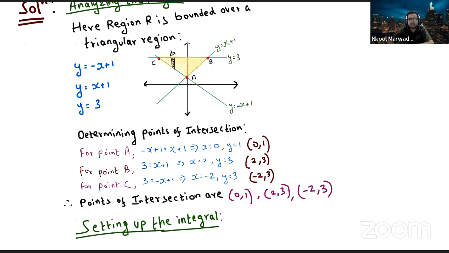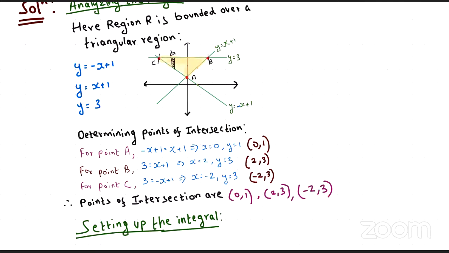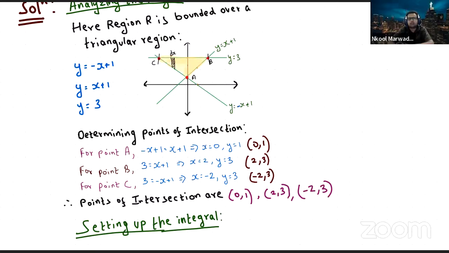So x goes from y minus 1 to minus y plus something, and y will vary from 1 to 3. Now it will make sense.